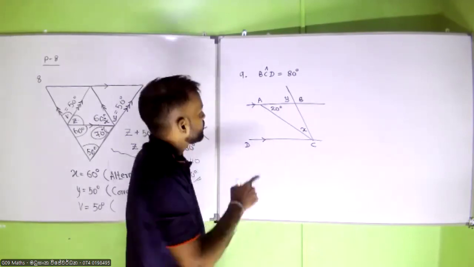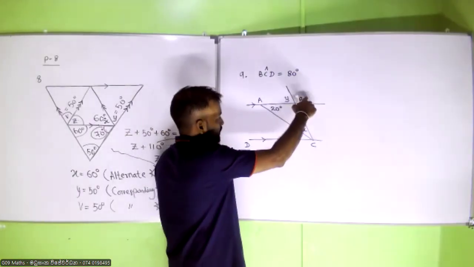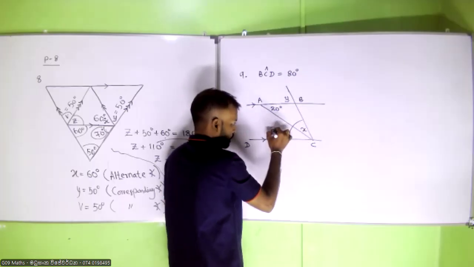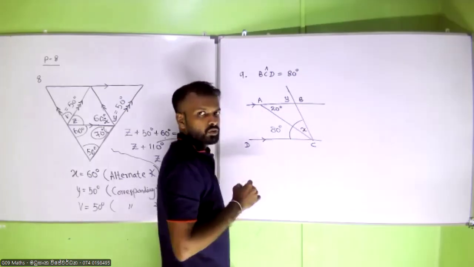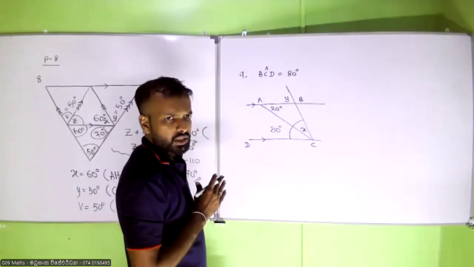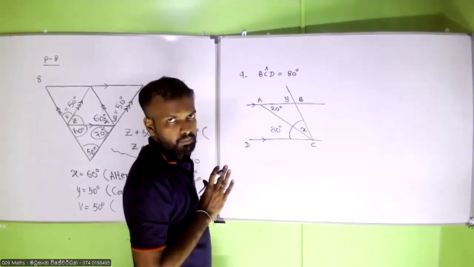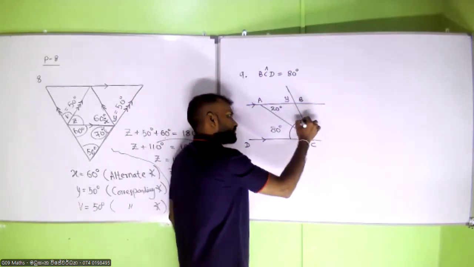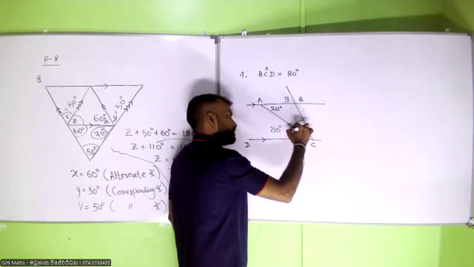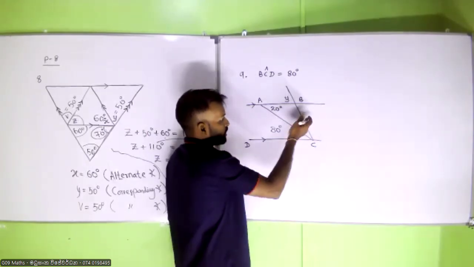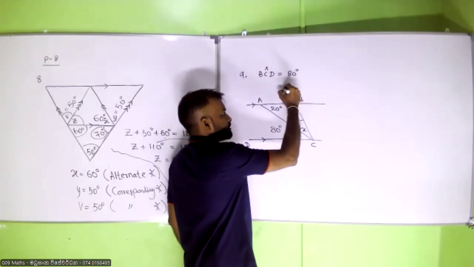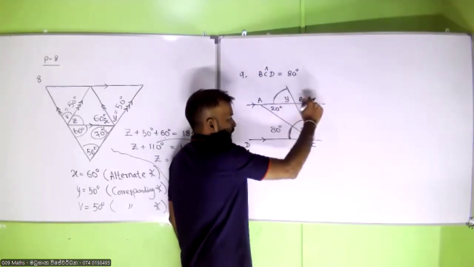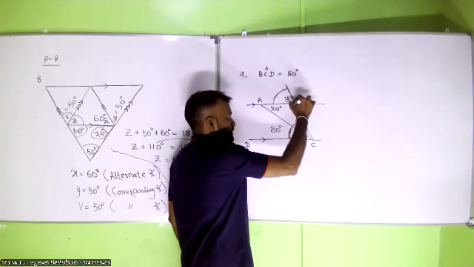So how to find? They have given BCD. So this full angle is 80 degrees. When you are doing this kind of question, it is better to mark them. BCD is 80, so you have to understand this angle is 80 degrees. So when you look at this one, it is the same as Y. Two parallel lines, this is a transversal.